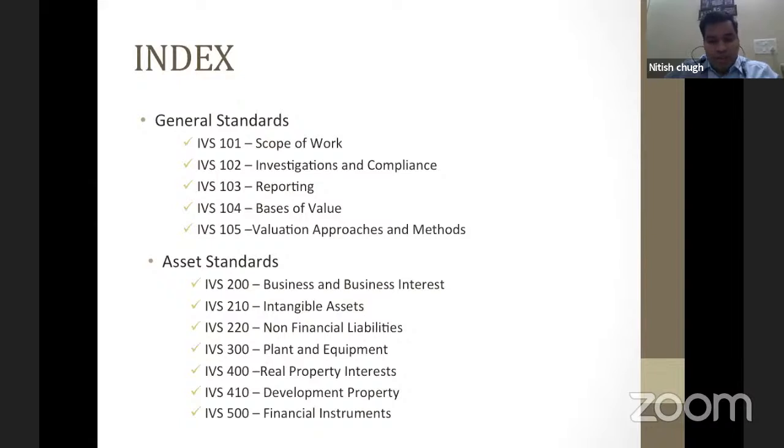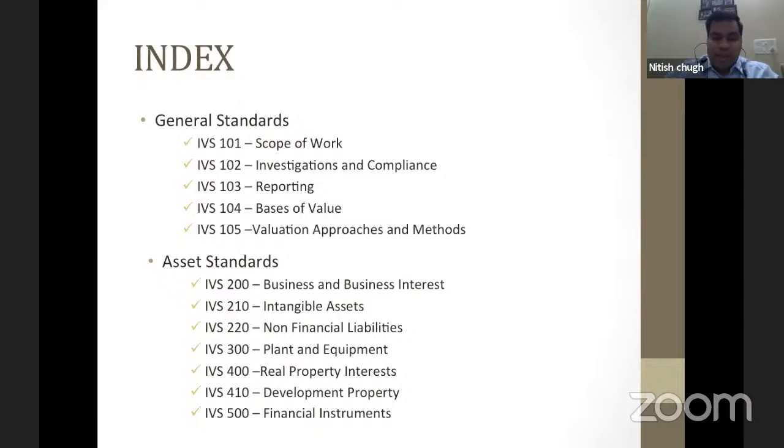So IVS 500, we will cover with Ind AS 109. We have a session on Ind AS 109, so we will cover the standard on financial instruments along with Ind AS 109. For development property also, we'll have a separate session, and we will cover it with either fair value or property, plant and equipment along with IVS 300.